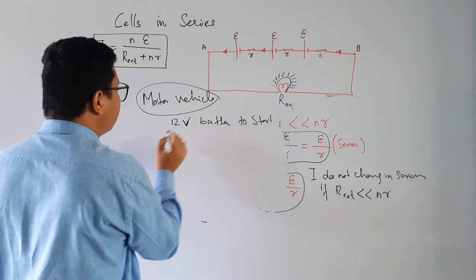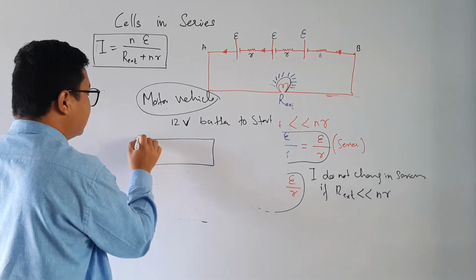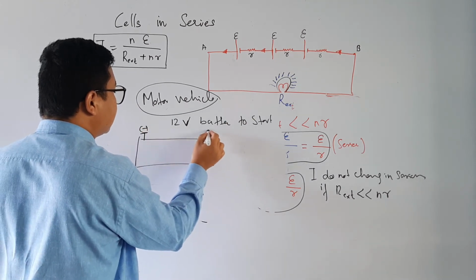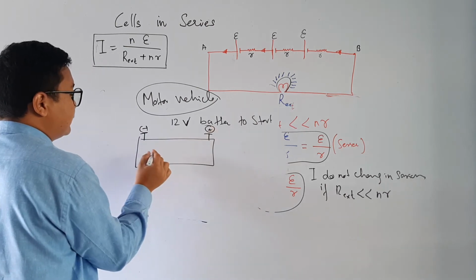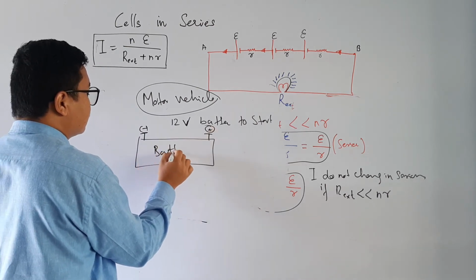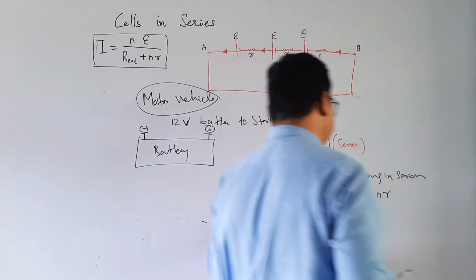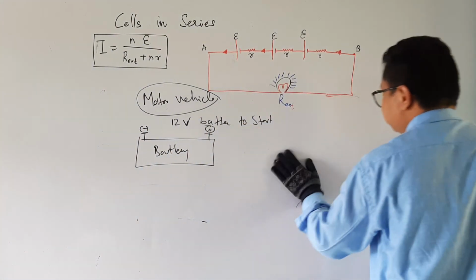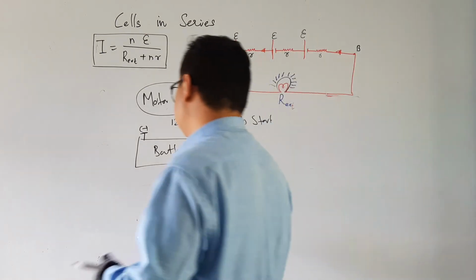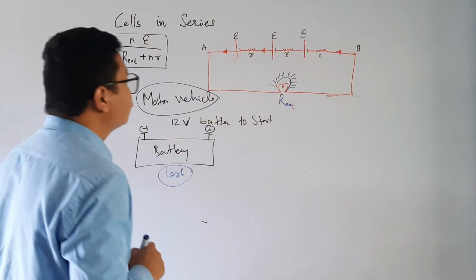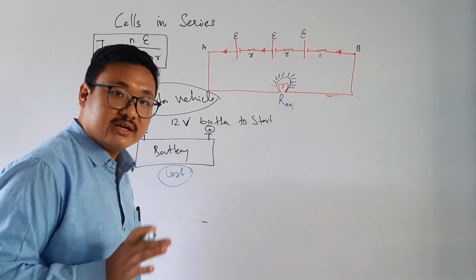You have a 12-volt battery, this is my negative and this is my positive. With this battery we start the motor vehicle, and we lost the battery. We lost this battery, but we want to start this motor vehicle.